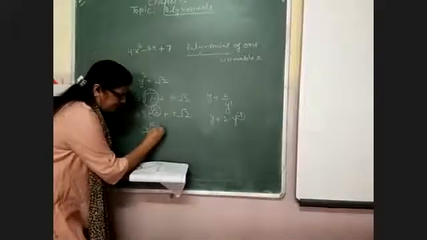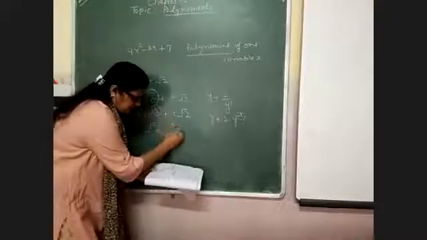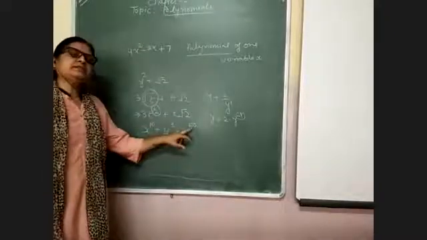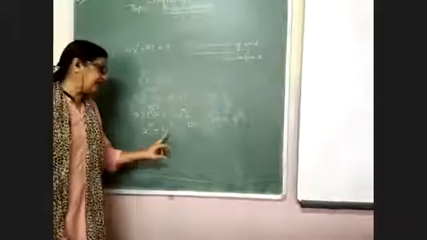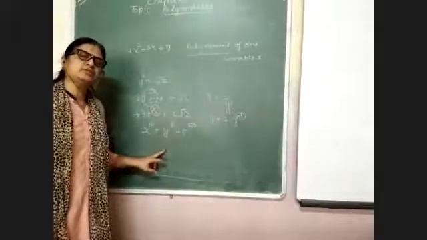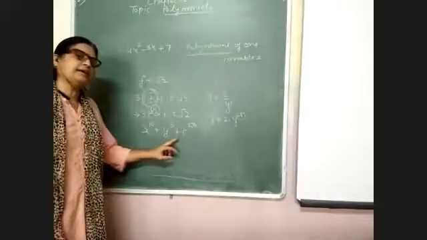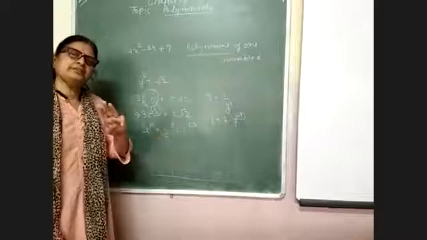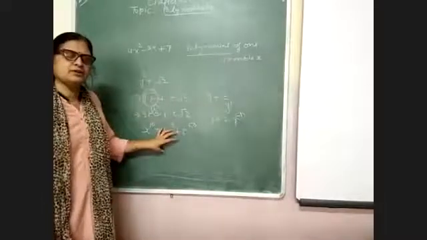And the last is x raised to the power 10 plus y raised to the power 3 plus t raised to the power 15. Degree is given as a whole integer, but three variables are used in this question, x, y and t. So it is a polynomial of three variables. It is not called a polynomial of one variable.